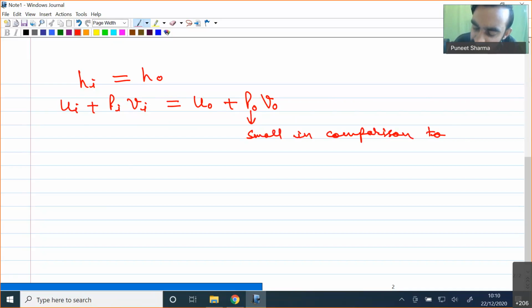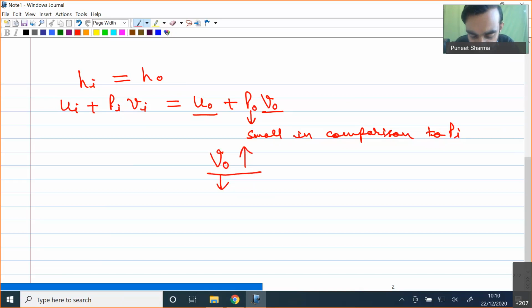If it is less, in that case the specific volume and internal energy of the fluid have to increase at the outlet. Ultimately we will find a significant increase of specific volume in order to make this balance complete, in order to make the process isenthalpic.